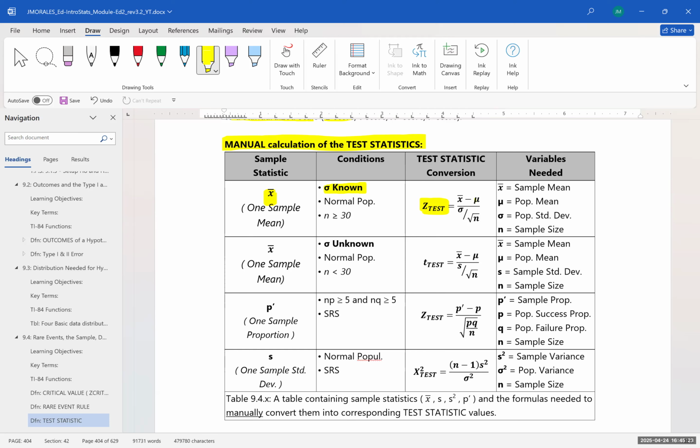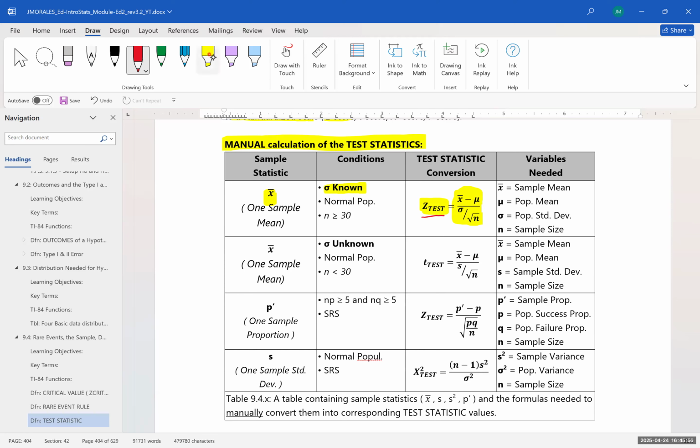That would be composed of the population mean, the population standard deviation, the sample size, and the sample mean. You put all of those values in together, and that gives you your test statistic from your sample data. And then you would compare this test statistic to the critical value.